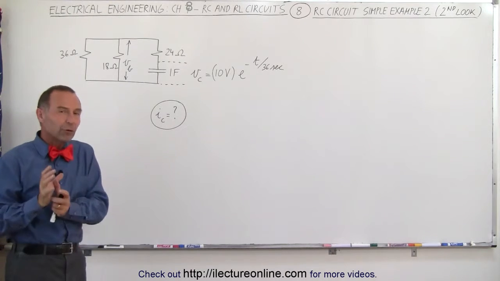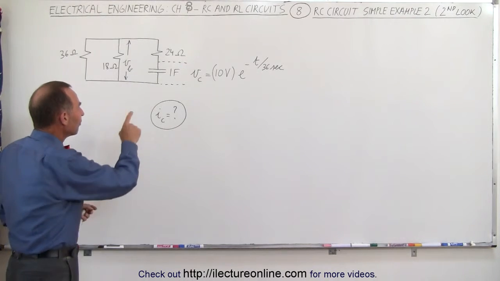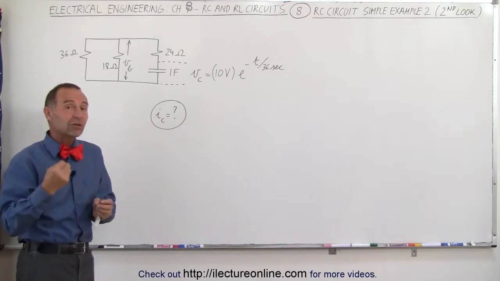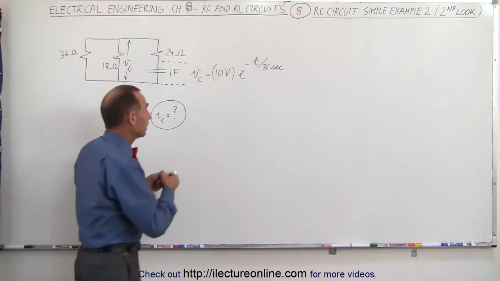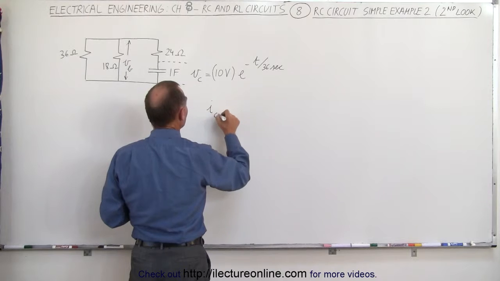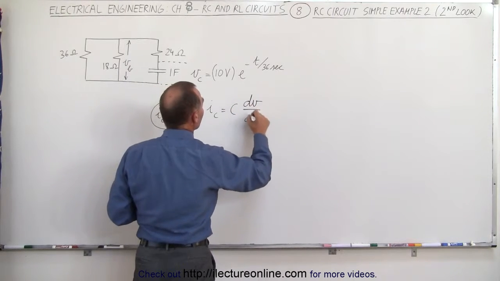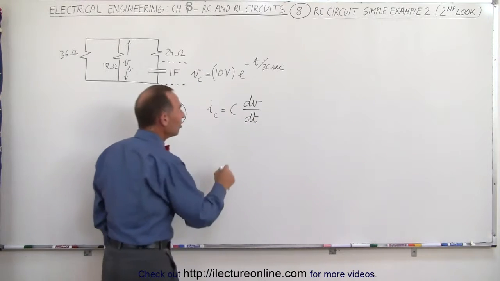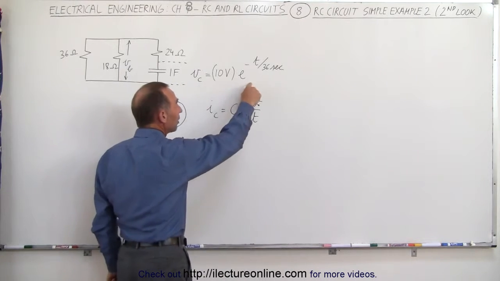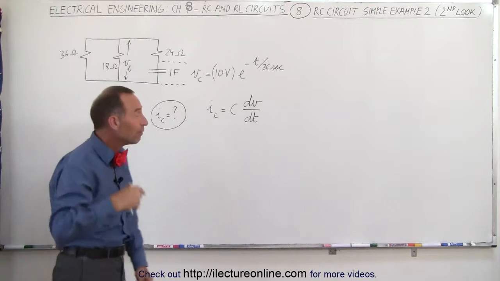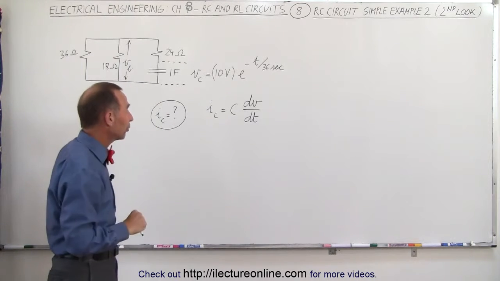But once you have the voltage across the capacitor, you can find the current by using the definition of the current through a capacitor. The current through a capacitor is equal to the capacitance times the change in the voltage divided by time. Since we have the voltage in this equation, we can simply take the time derivative of that voltage to find the current.